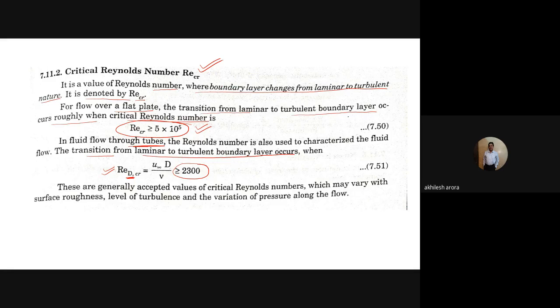There can also be flow over cylinders and flow over spheres. So we have to take the appropriate value of the characteristic length, and in each of these cases the transition from the laminar to turbulent boundary layer occurs at different values of the Reynolds number. Right now we are only talking about the flat plate and the tube flow.